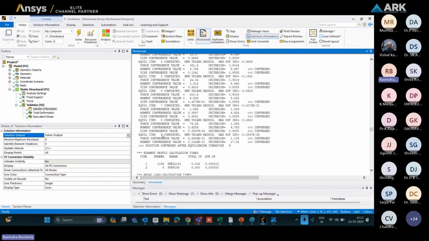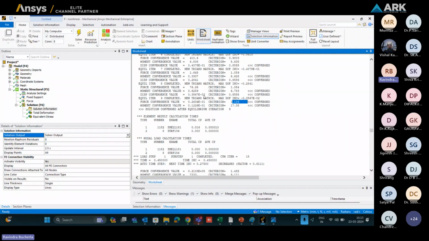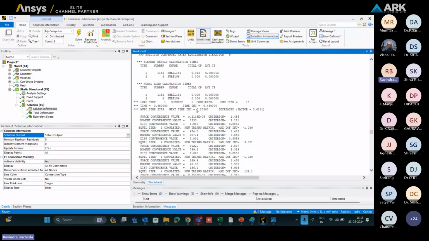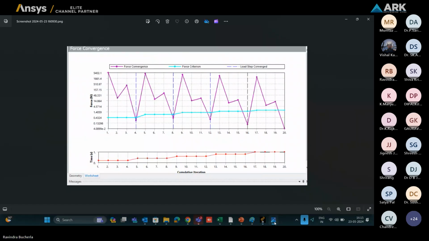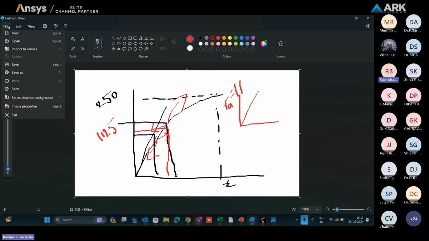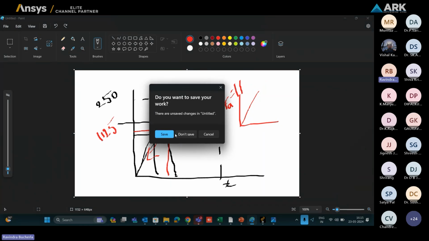In iteration 9, the force converged, because the force value is less than the criteria value. So that substep is solved, and again it went to the next time step, which means now it is applying a 0.275 increment to the time. Let me open a new one.